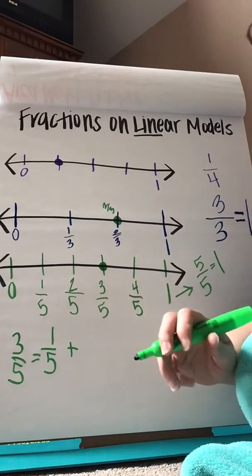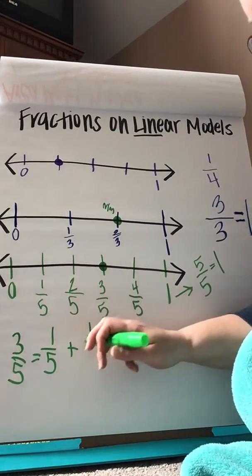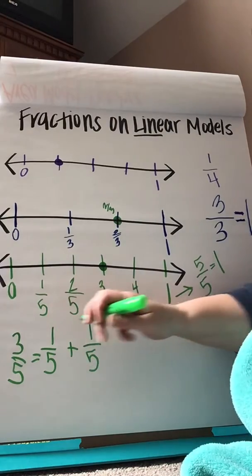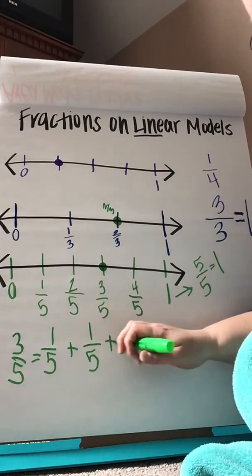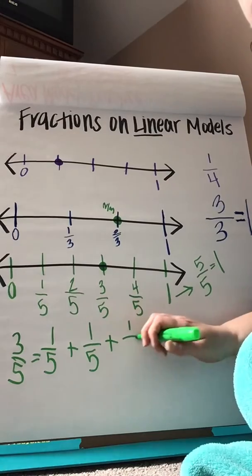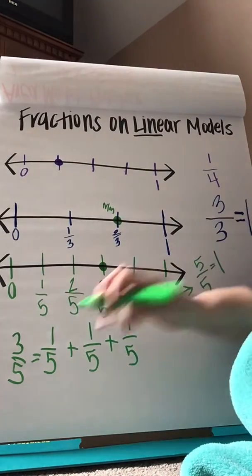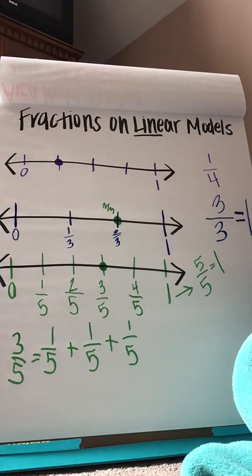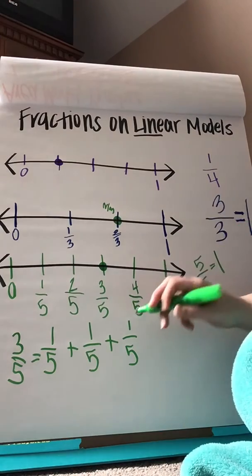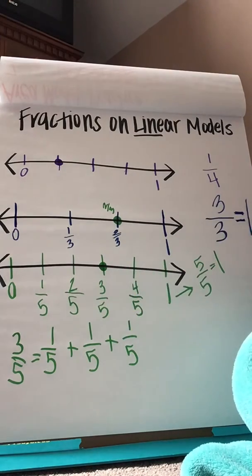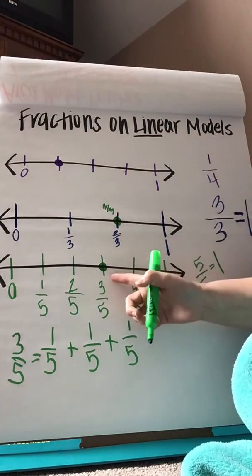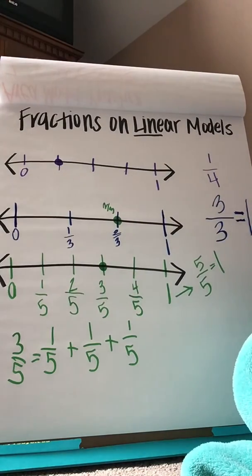But if I just have one of them, that's not equal to 3, so I have to keep going. So now I have 2/5, that's still not equal to 3/5, so then I do one more. So 1/5 plus 1/5 plus 1/5 gives me 3/5, and that's how I write the equation using unit fractions based on a fraction that I was asked to represent.